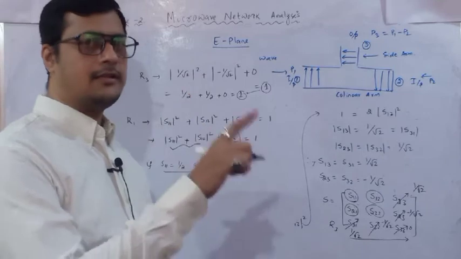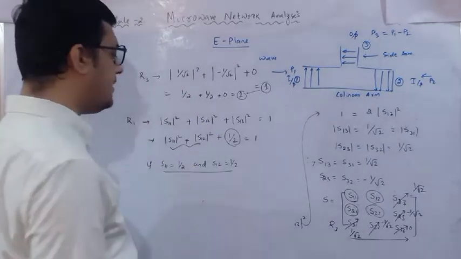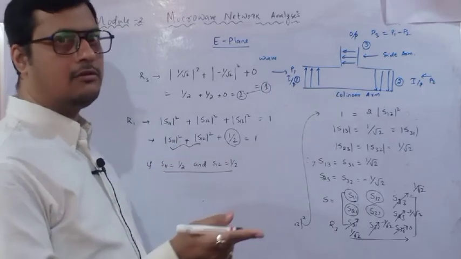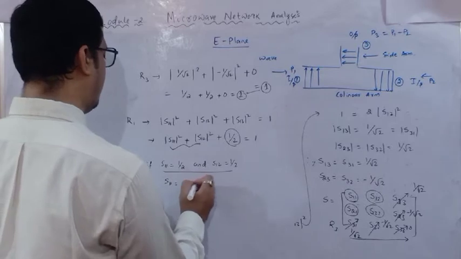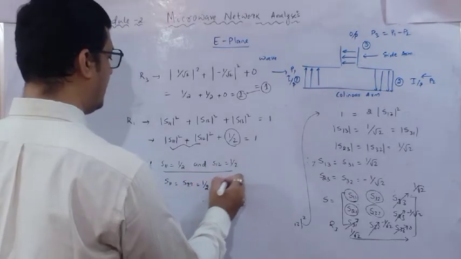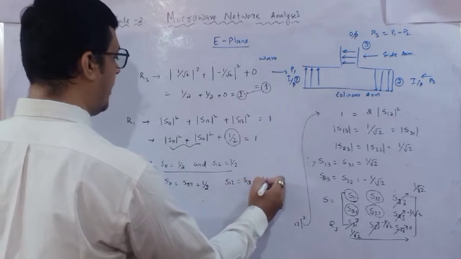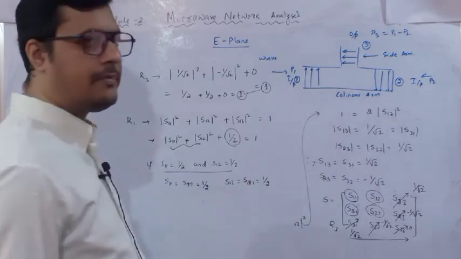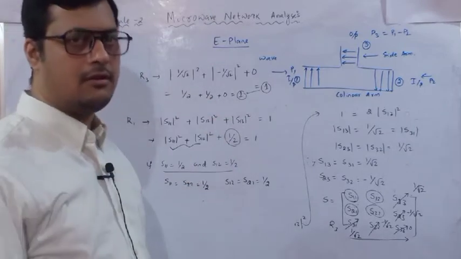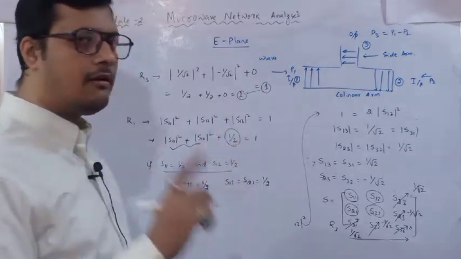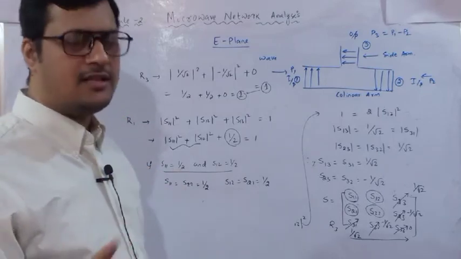All junctions are lossless in nature. So my S11 is half and S12 is half. If S11 is half, S11 is equal to S22, that is also half, and S12 is equal to S21, that is also half. Now if you substitute all these parameters and take either row-wise or column-wise, it must be equal to 1, because we have considered all the 3-port junctions lossless in nature.